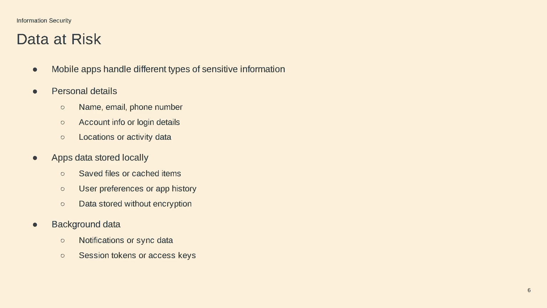Background processes also carry sensitive information, and attackers can target that too. Things like notification sync data and session tokens used to keep someone logged in can all be misused if they are not protected.